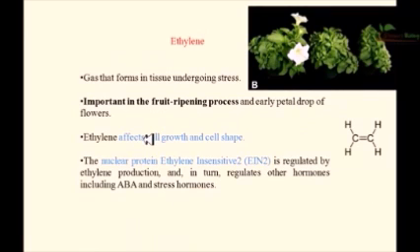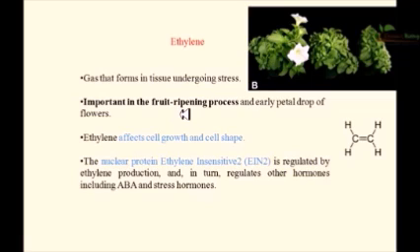The fourth kind is ethylene. This is a gas that forms in tissue undergoing stress. Now stress response leads to the production of this ethylene, and this ethylene will help the fruit to ripen faster. Now we can add this ethylene from outside to ripen the fruits of our desire.